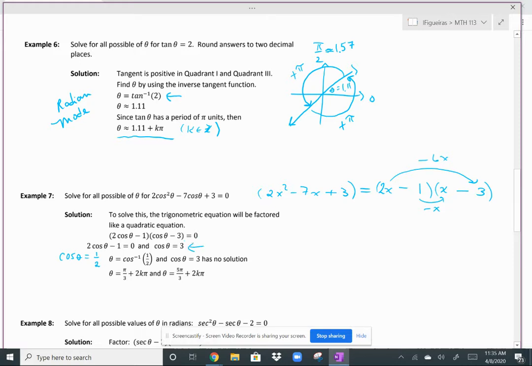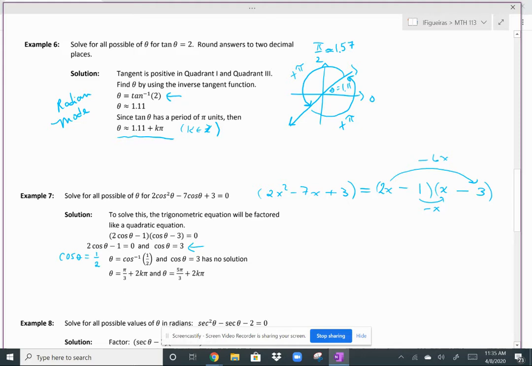Okay, so let's deal with cosine theta is a half because we've actually worked with this number before. 1/2 is a 30, 60, 90 triangle. And when cosine is equal to a half, that means that the angle is 60 degrees. 60 degrees is pi over 3.